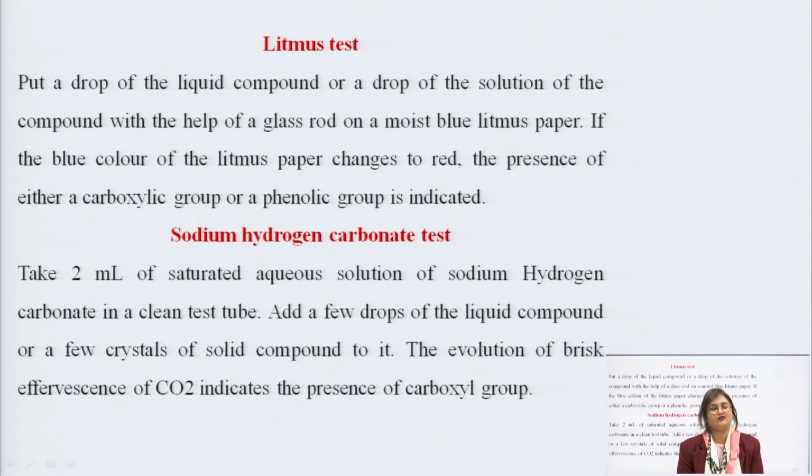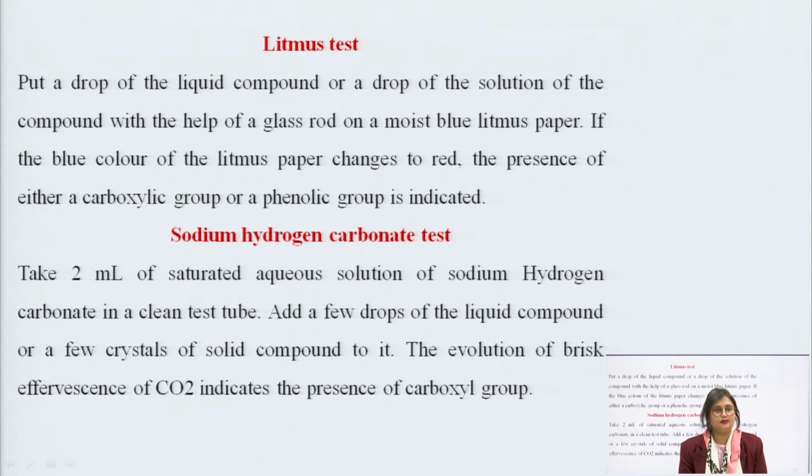Another test for identifying carboxylic acid is the litmus test. A drop of liquid compound, or a drop of solution of the compound, is put with the help of a glass rod on a moist blue litmus paper. If the blue color of the litmus paper changes to red, then the presence of either a carboxyl group or a phenolic group is indicated.